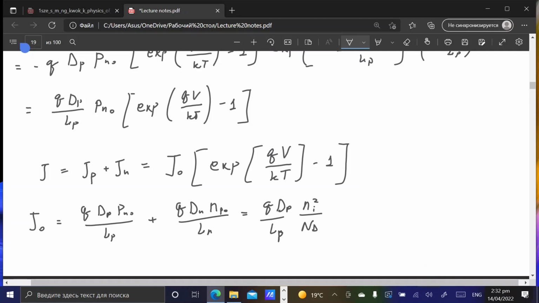That's important. Plus Q times DN divided by Ln, times ni squared divided by Na.